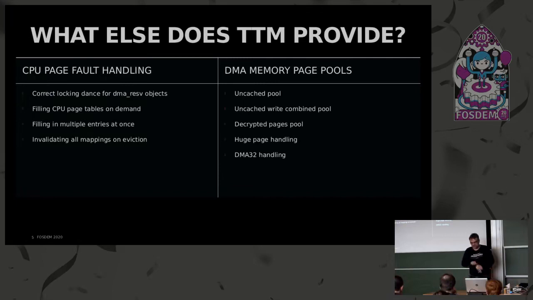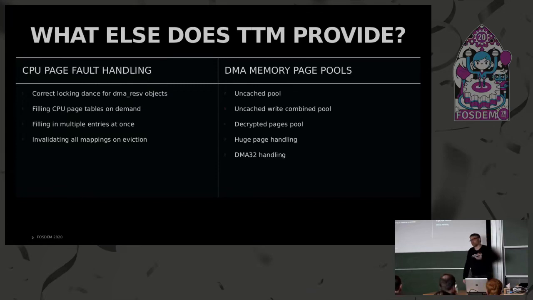The other big functionality is the DMA memory page pools. The DMA memory page pools also originated in the AGP days. On AGP, graphics hardware originally could only access uncached system memory.